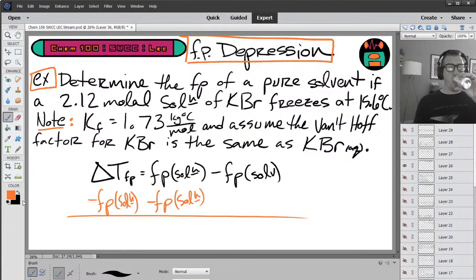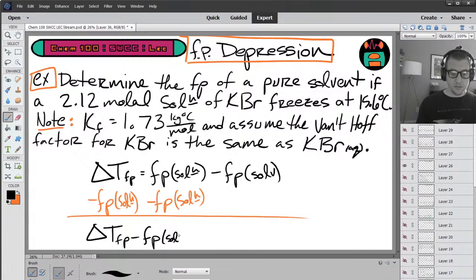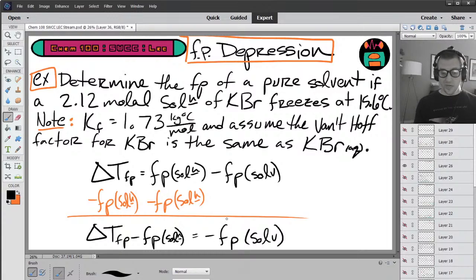So our change in freezing point minus the freezing point of our solution is equal to -1 times the freezing point of our solvent. And we don't want to know what -1 times the freezing point of our solvent is. We want to know what the actual freezing point of our solvent is. So we're going to multiply both sides of this equation by -1, so it becomes positive.